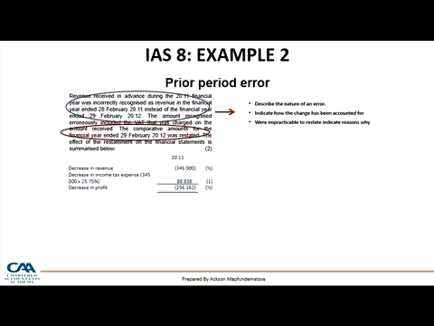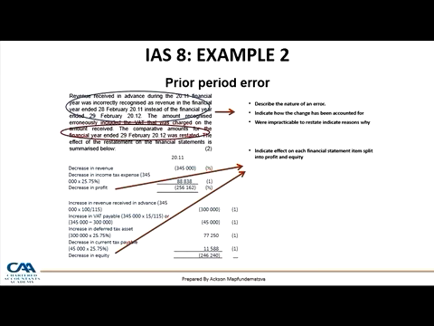Next step, you continue with your correcting journal entries: increase in revenue received in advance or deferred revenue, which you got from your correcting journal entries, increase in VAT payable from your correcting journal entries again, increase in deferred tax asset, and a decrease in current tax payable.